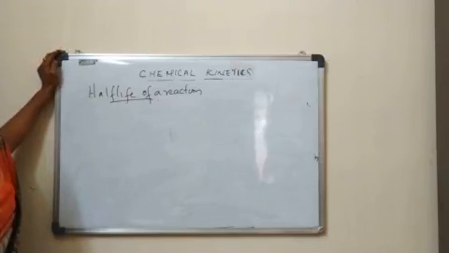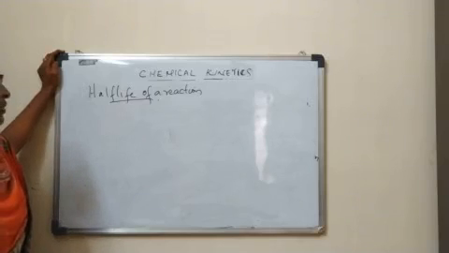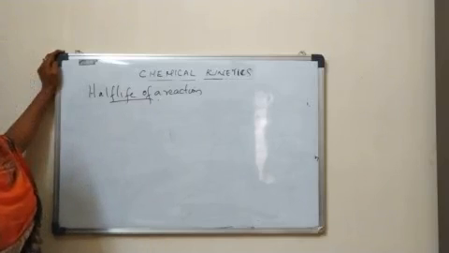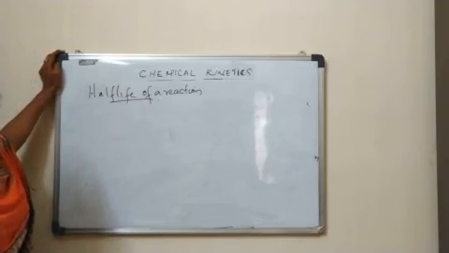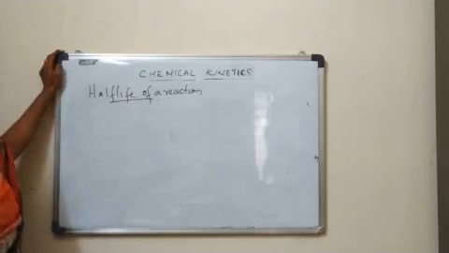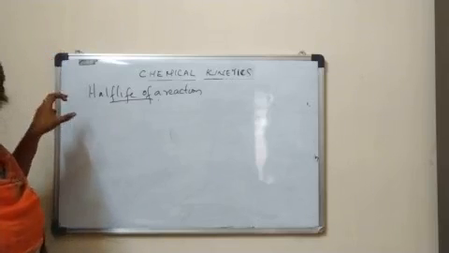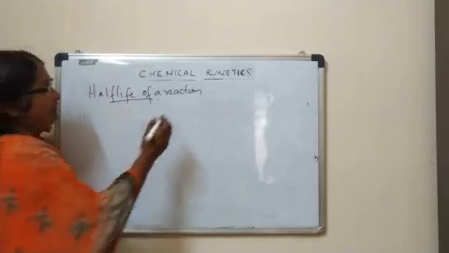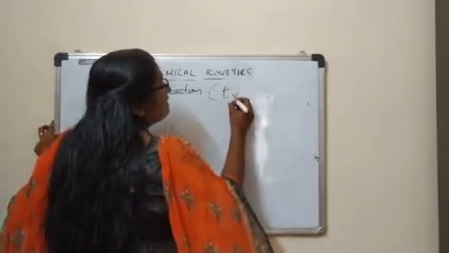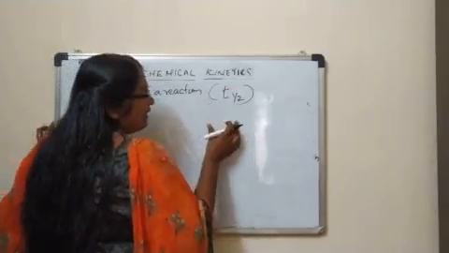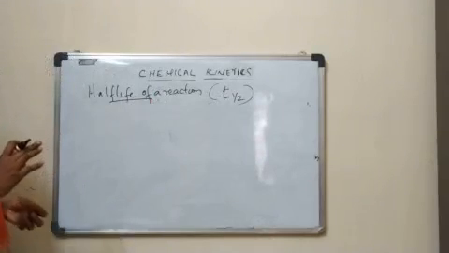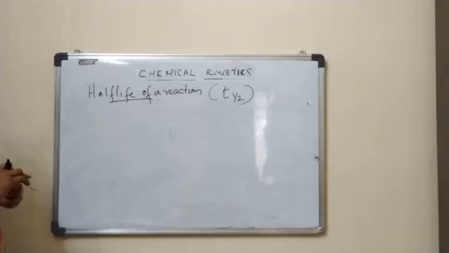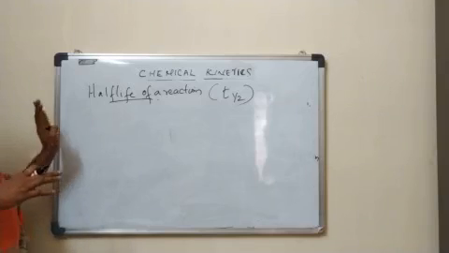It is the time required to reduce the concentration of the reactant to one half of its initial amount. The half-life of a reaction is denoted by T half.